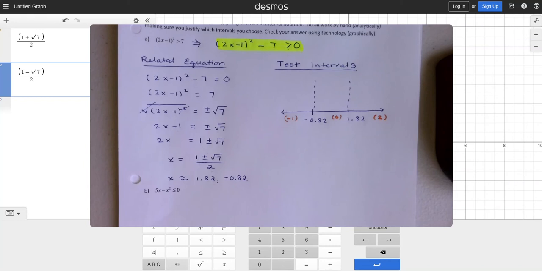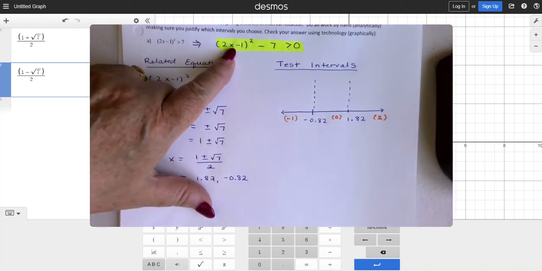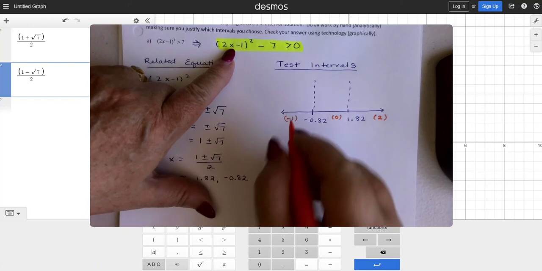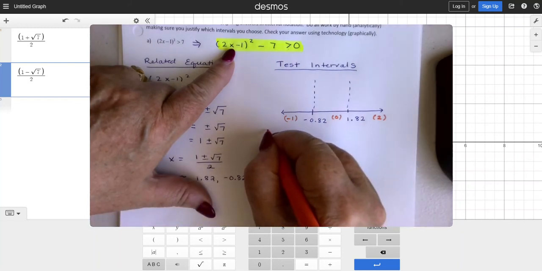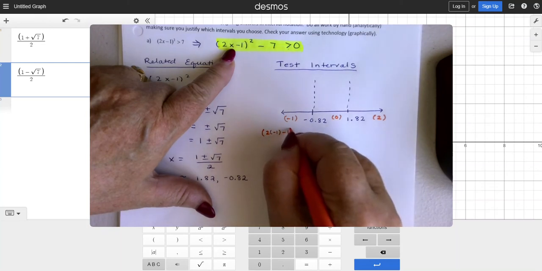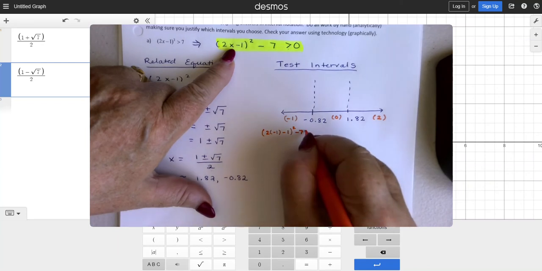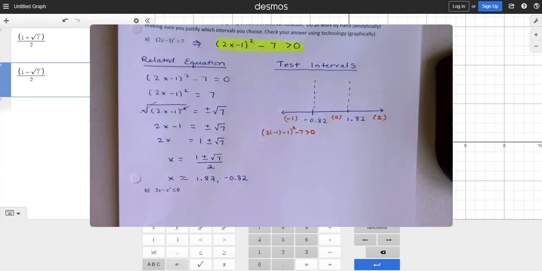All right, so let's see what happens. If I plug -1 back into the inequality that I'm trying to solve, I would have 2 times -1 minus 1, squared, minus 7, which I want to be greater than 0.